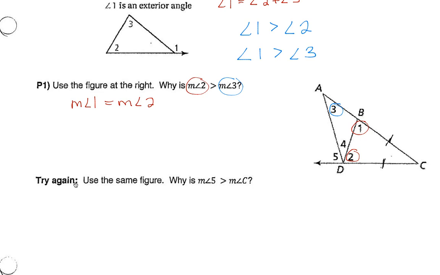Also, angle 1, right here at B, is an exterior angle to triangle ABD. So using the corollary above, we can say that the measure of angle 1 is greater than the measure of angle 3.